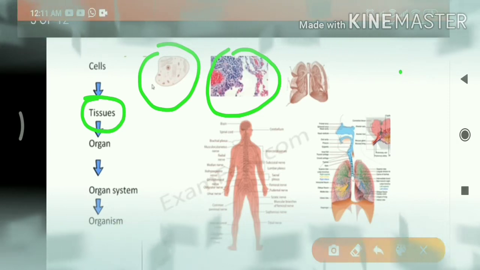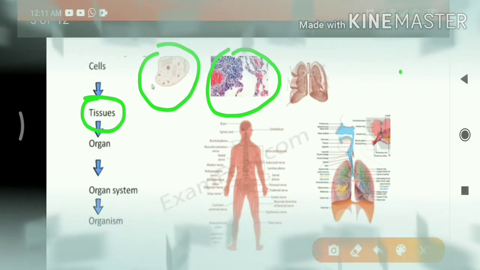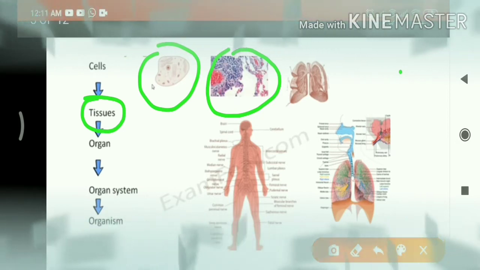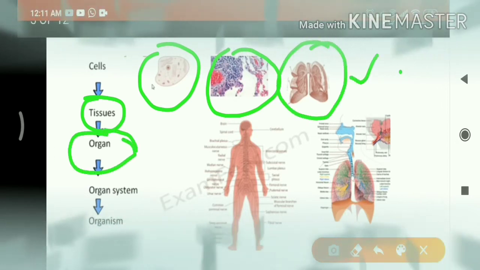Special types of cells performing a special function. This is the lung tissue, already shown in the previous slide. This is the lung tissue, and what is the function of the lungs? Respiration, right? For the function of respiration, these cells are grouped together.